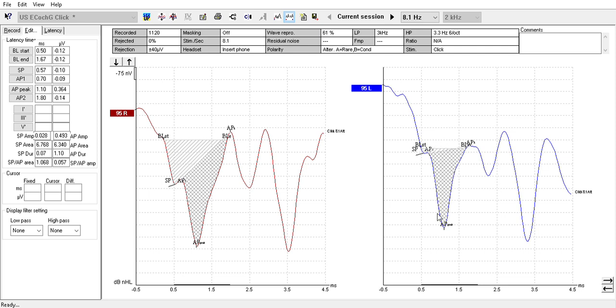So because there's a bigger difference between those two, this ratio is going to be much smaller. We want there to be a big difference. The closer they are together, the higher this value gets, which we see on the right side because the SP is much higher in relation to the AP in terms of how tall the peak is. And remember, this is a negative deflection, so we're talking about height, but it's kind of depth almost in the way that we're looking at it here when it's flipped.